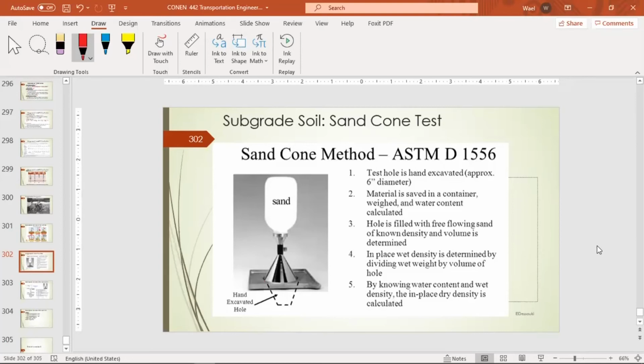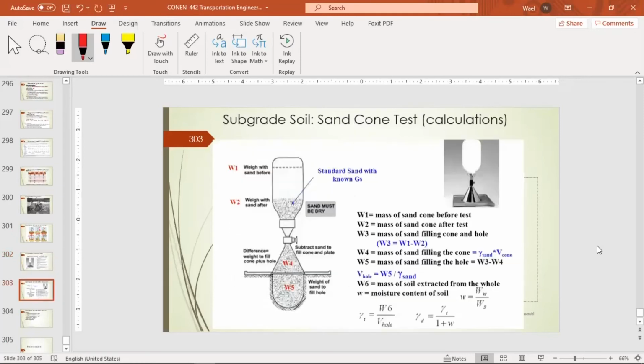The in-place density of the soil can be determined by dividing the weight of the sample by the volume of the sand. By knowing the water content and the wet density, the in-place dry density is calculated. We can calculate the dry density afterwards. This is an explanation for it.